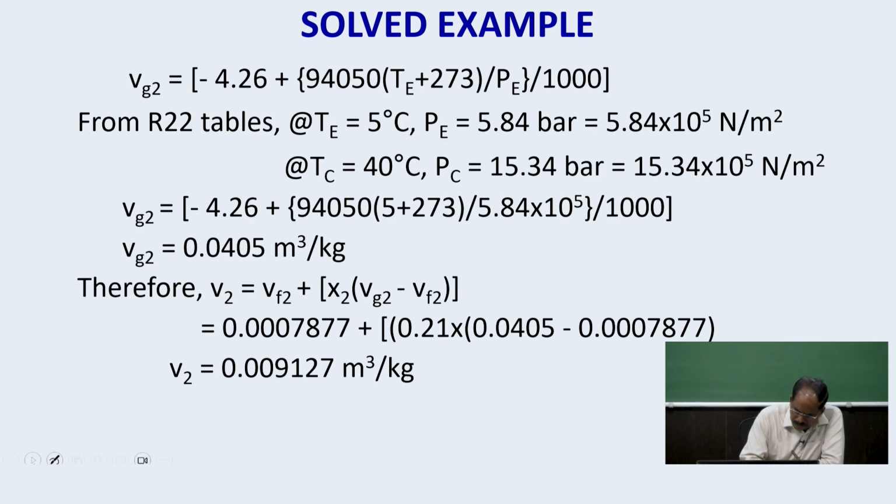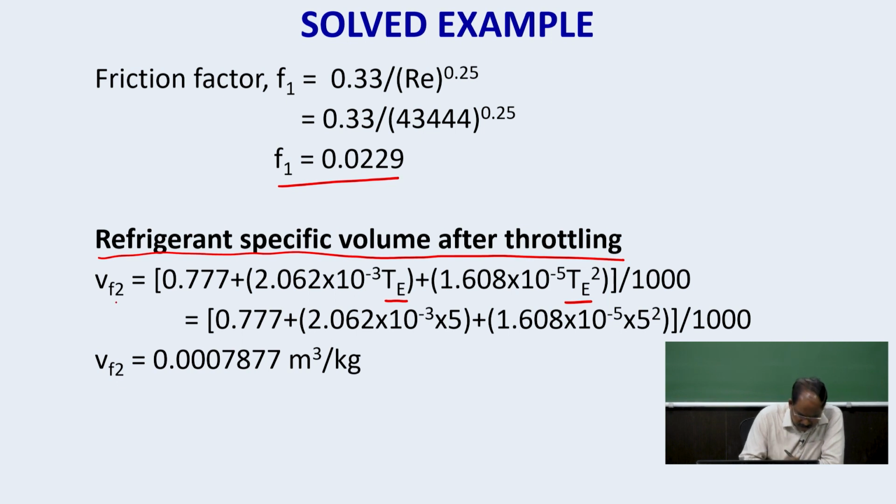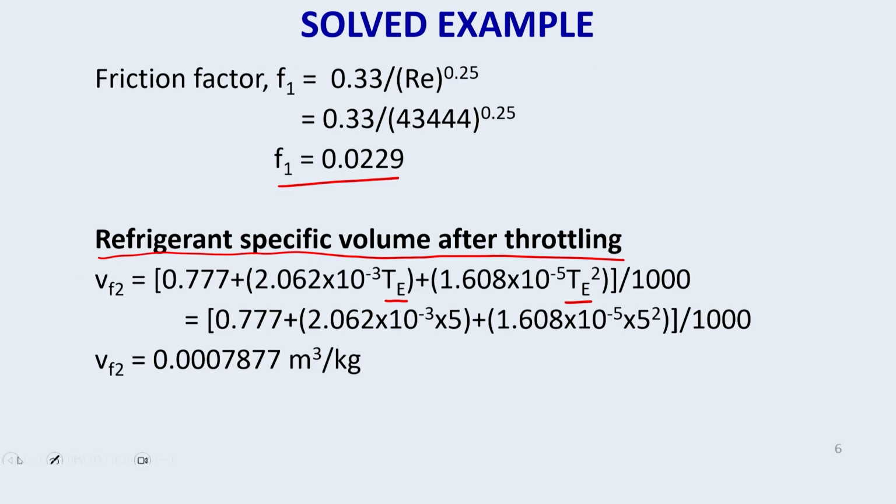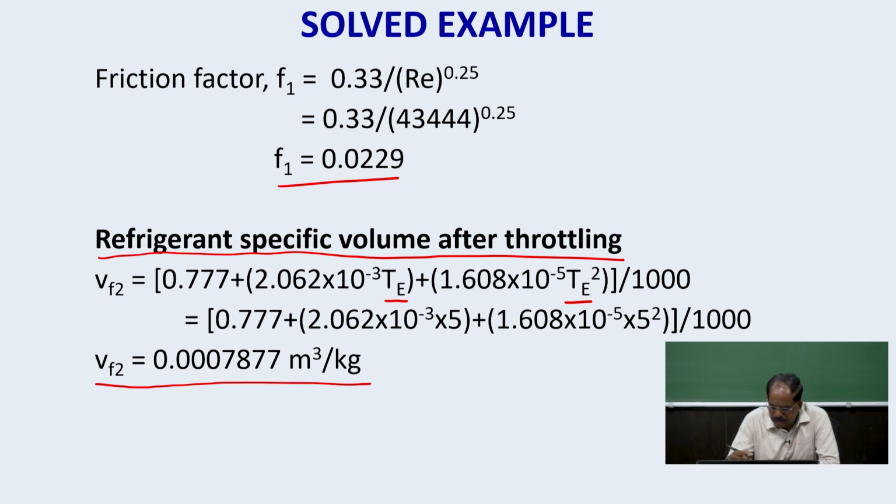So the refrigerant specific volume after throttling, VF2, if you substitute the evaporator temperature in this equation, you will get 0.0007877.